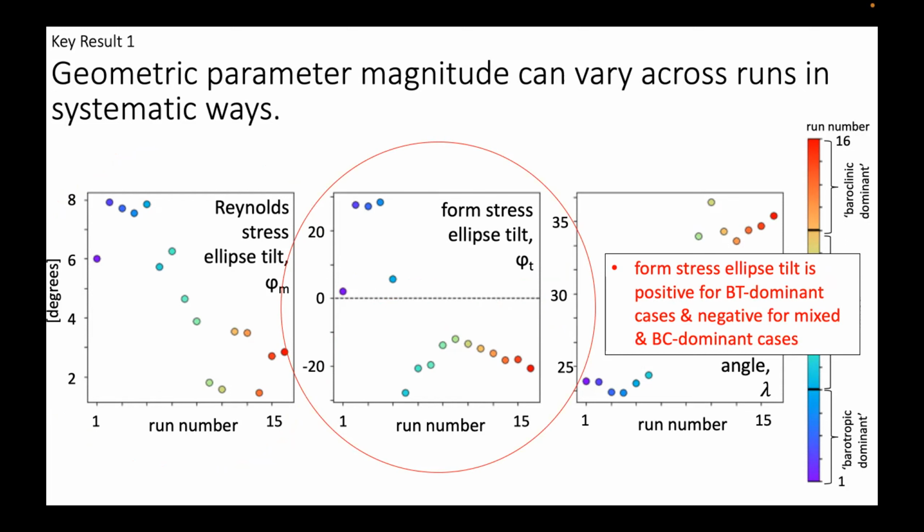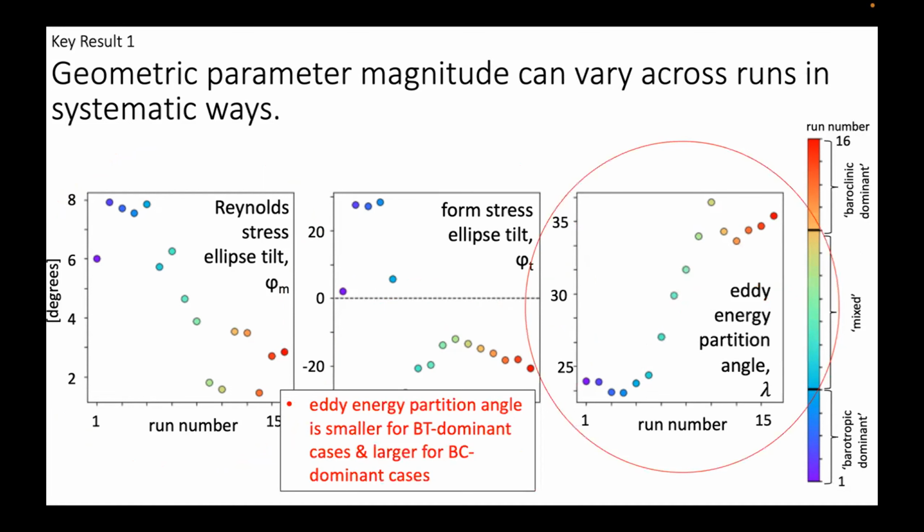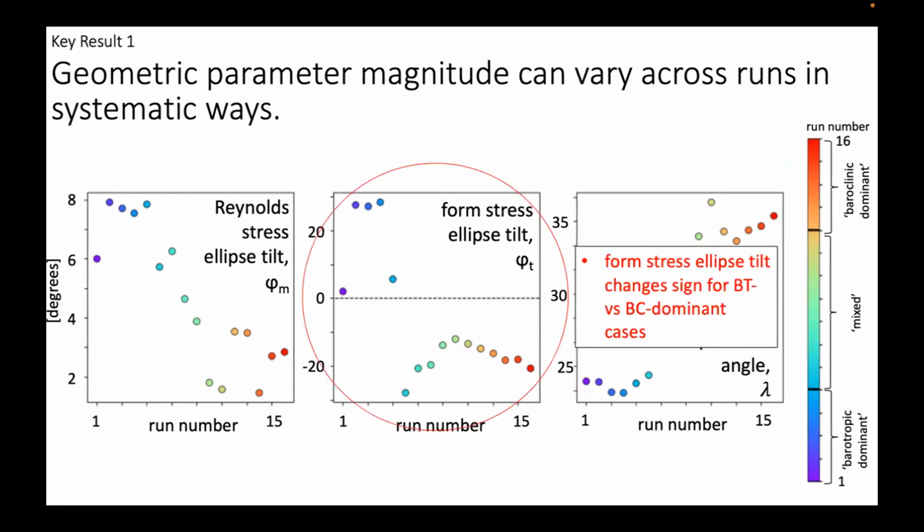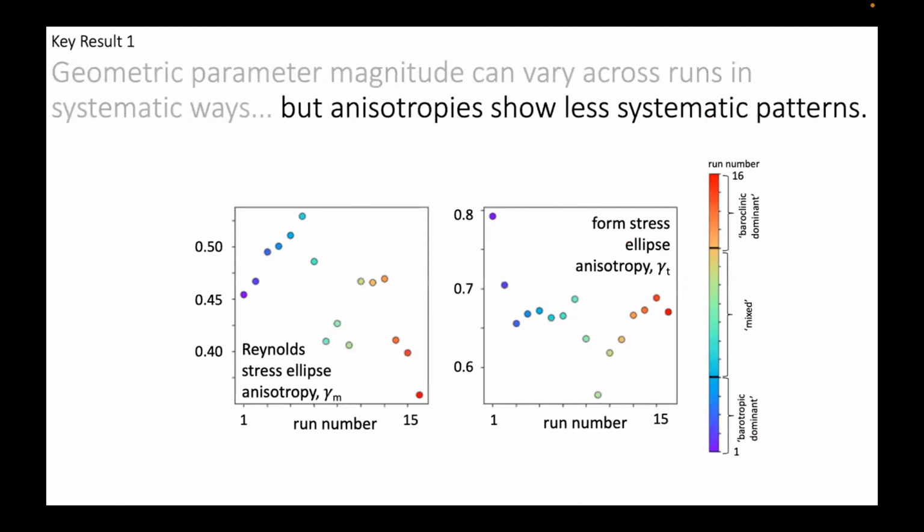That's the sign of the eddy form stresses. And then the eddy energy partition angle also shows some systematic variations. It's smaller for the barotropic dominant cases and larger for the baroclinic dominated cases. So there's some nice systematic patterns in the angles, in the tilts. All right, I'm going to, for the sake of time, skip those details and move on.